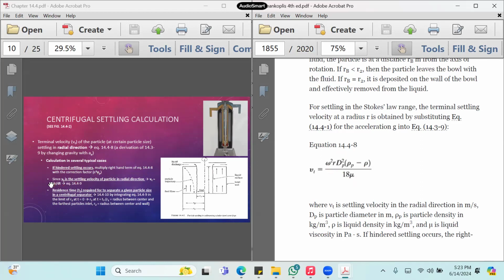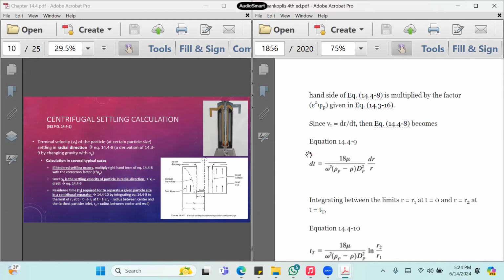Since Vt is now not the settling velocity from top to bottom, but the settling velocity of a particle in the radial direction, we change the Vt to equation 9. What changed now is that the velocity does not change based on the height of the vessel, but changes with the radius, because it moves in the radial direction.